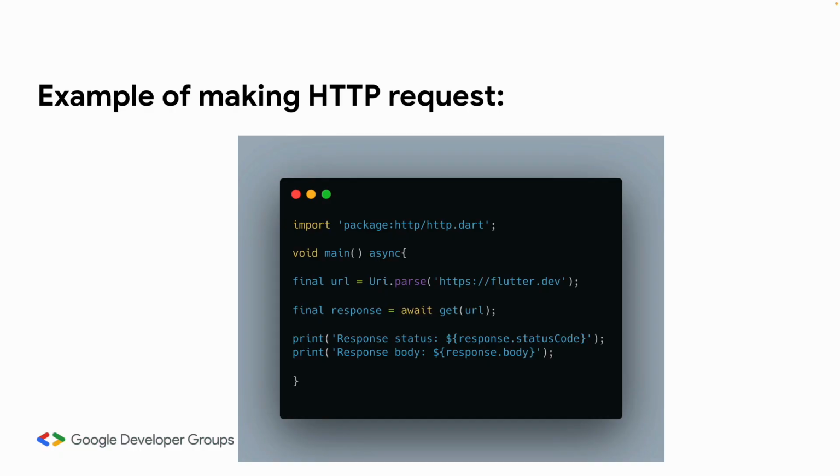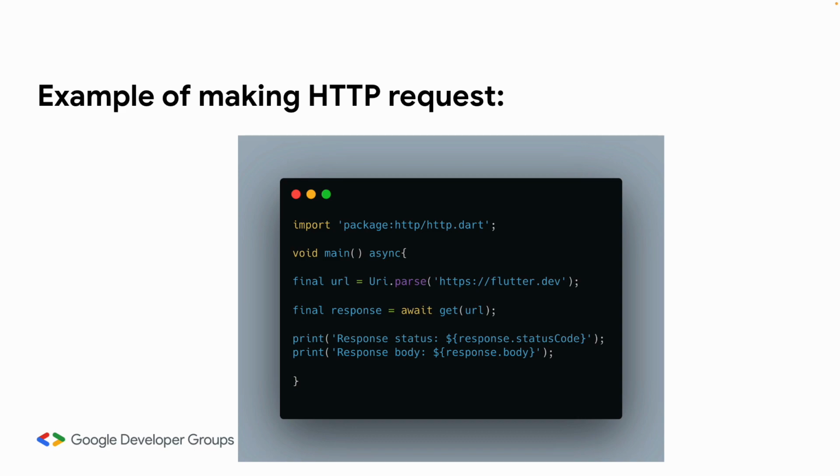Now let us move on. Let us look at how to make an HTTP request, an example of making an HTTP request in Flutter. The first thing you have to do is add the HTTP library, or the HTTP package, to your YAML file.